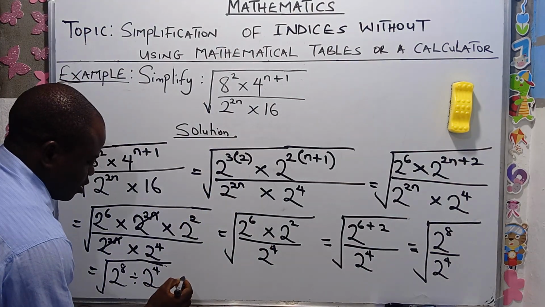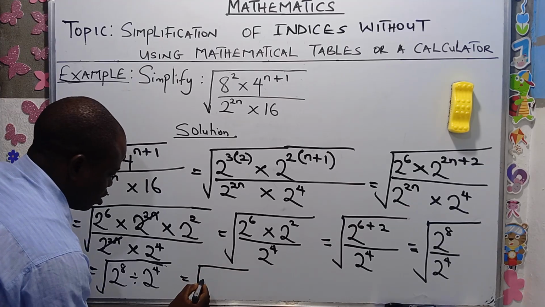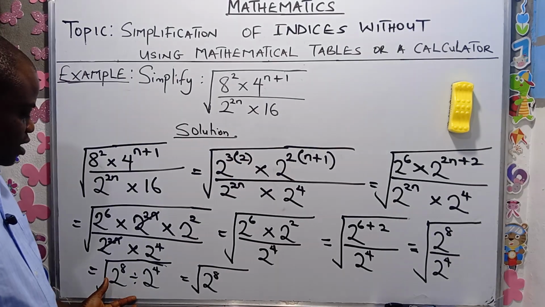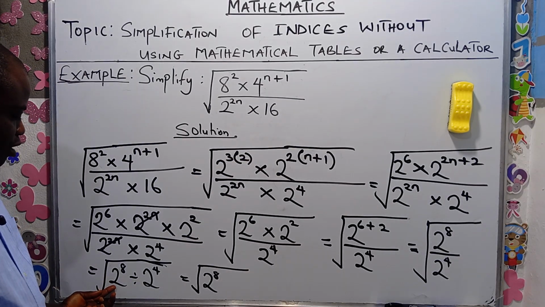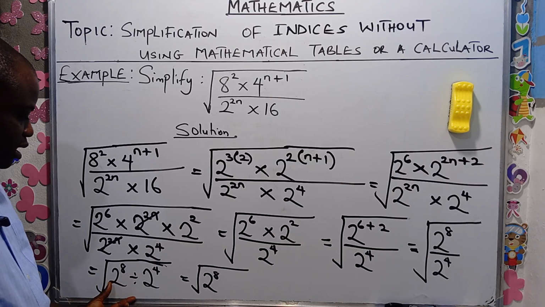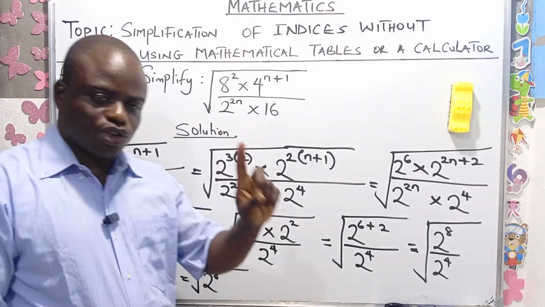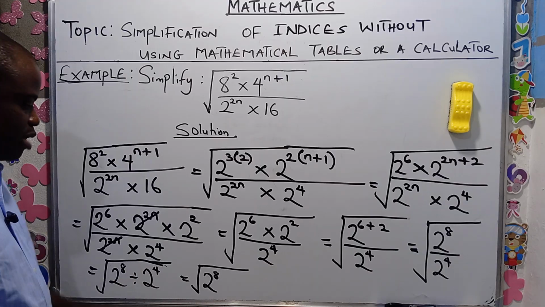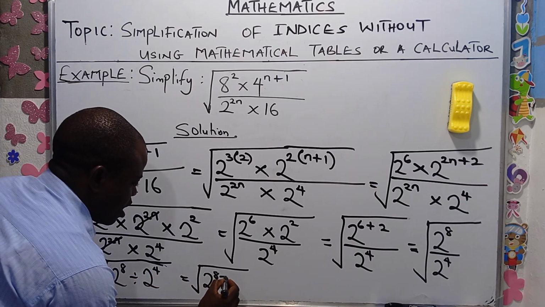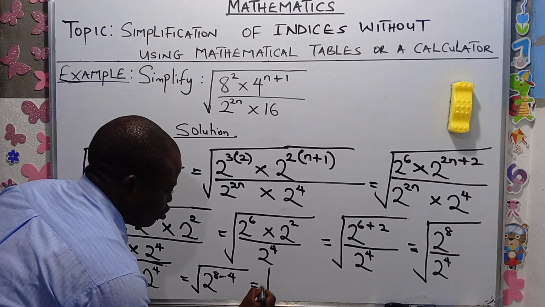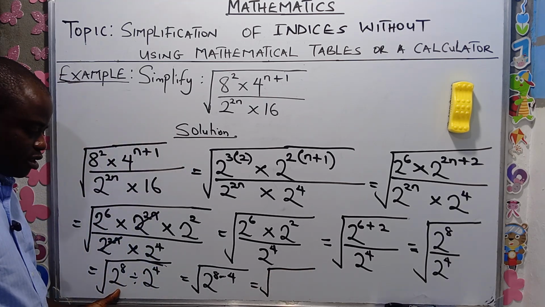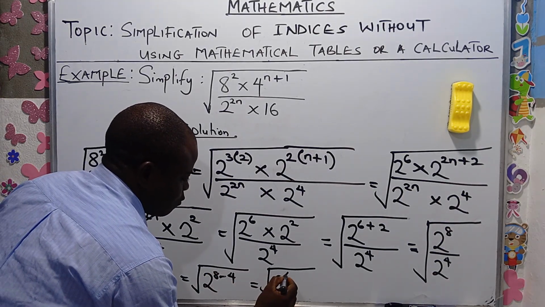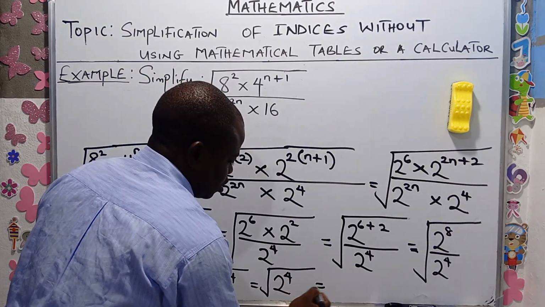Now we have it equals to the square root of 2 raised to power 8 divided by 2 raised to power 4. I told you before that when division separates two numbers with the same base, the division in between them will turn to subtraction at the power. Now, 2 raised to power 8 minus 4, that is the law of indices. That is 2 raised to power 4.